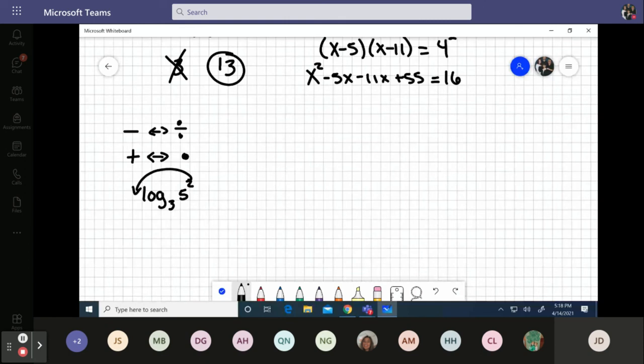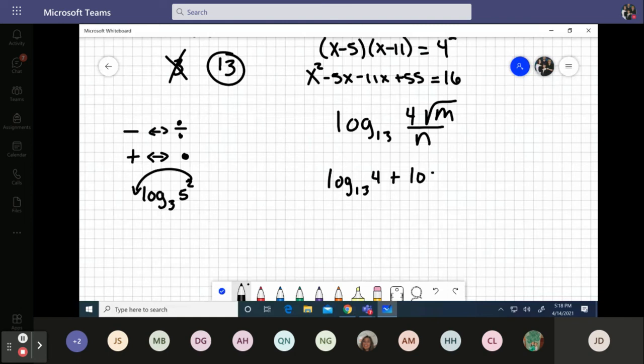So that's our, I want to break down 4 times the square root of m over n. So the first thing I've got is 4 times. So I'm going to make a break right here with the plus sign. So I'm going to say log 13 of 4 plus log 13 square root of m.